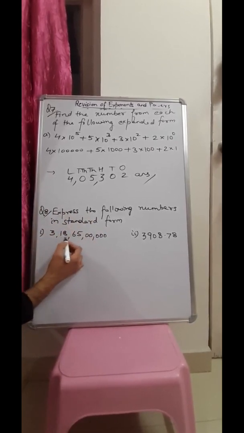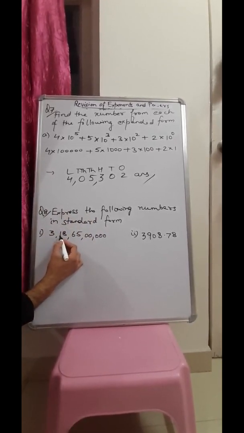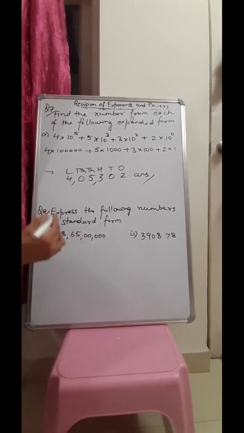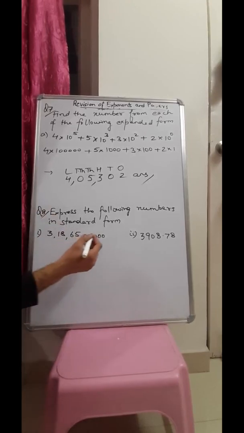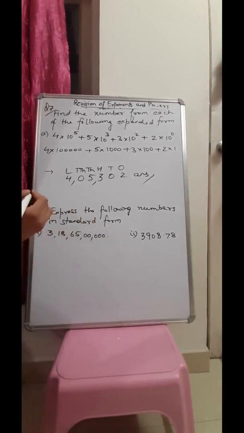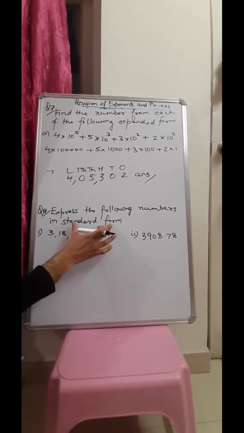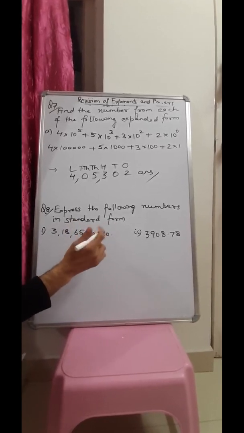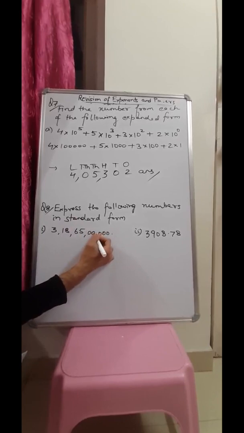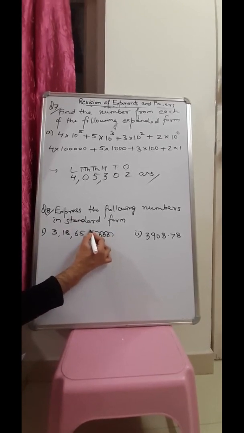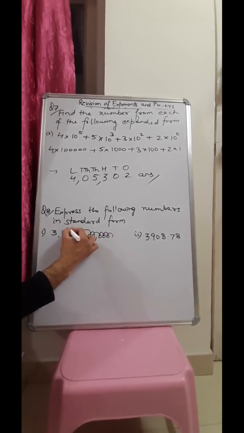So here the number is 3 crore 18 lakh 65 thousand, and the decimal is here at the end. Now we have to form a standard form. In standard form there is a decimal number, so that means we have to shift the decimal. How many places? 1, 2, 3, 4, 5, 6, 7, 8, 9.